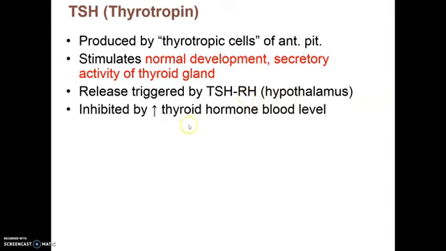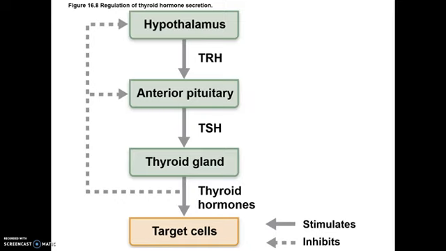It is inhibited by increased thyroid hormone blood level. As the level of thyroid hormone increases in the blood, it will inhibit the release of thyroid stimulating hormone, and it will also inhibit the release of the releasing hormone from the hypothalamus. So see here, thyroid hormone works on the target cell.